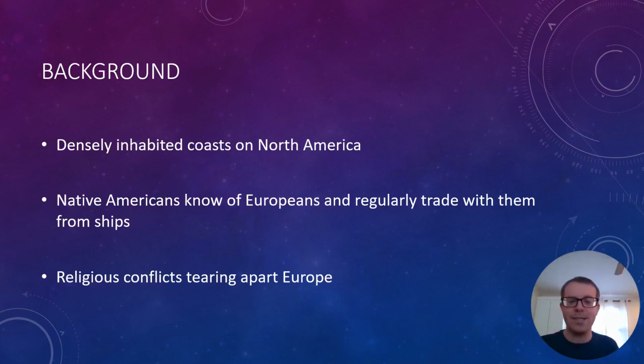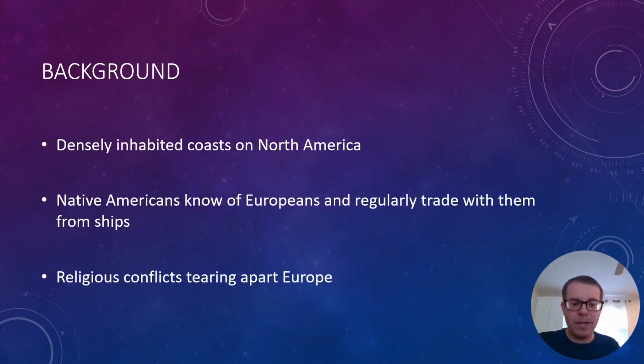And this breaks Christianity up into a bunch of different sects that all fight against each other. And this leads to a period of significant tension and religious conflict in Europe. And this religious conflict actually comes to North America and is fought in North America as well. And we'll talk about a few instances of that.